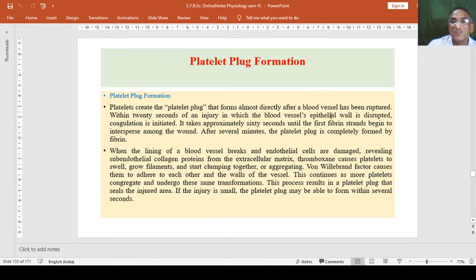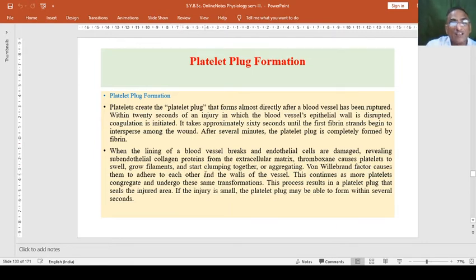So first of all, the fibrin threads start very early, within 1 minute, and these fibrins become strong around the blood cells, forming a clot or fibrin meshwork or network, which is generally called a plug. It stops the extra flow of blood outside, so it is called a plug.